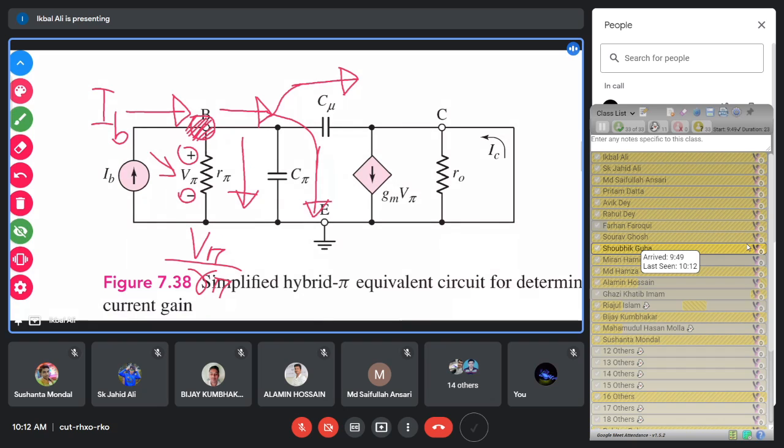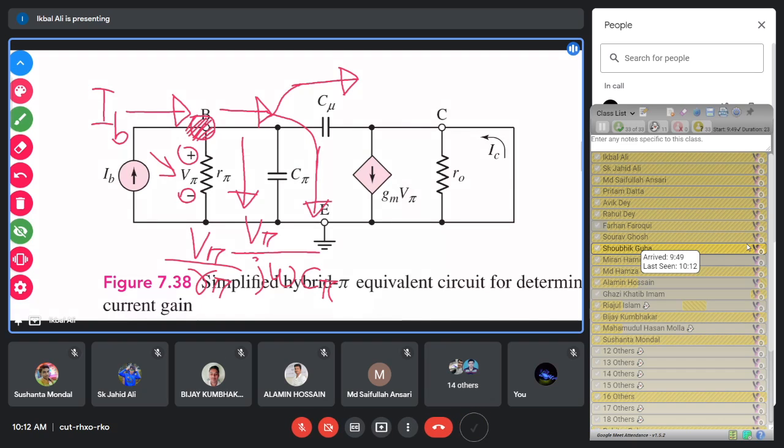So what is the current flowing through C pi? It is V pi divided by 1 over j omega C pi. This is the current flowing through the capacitor C pi.